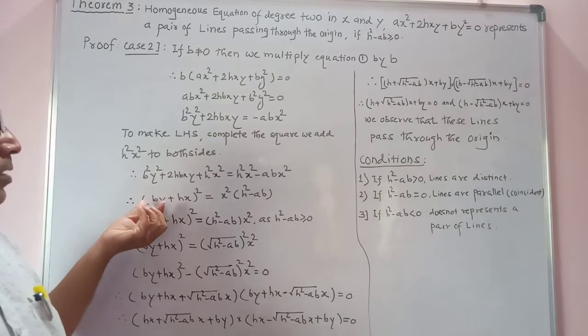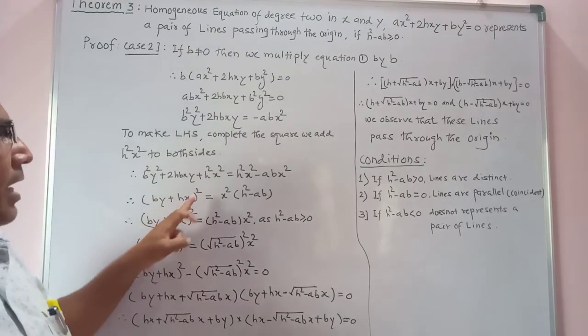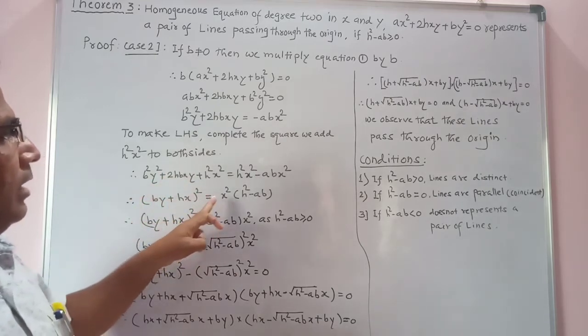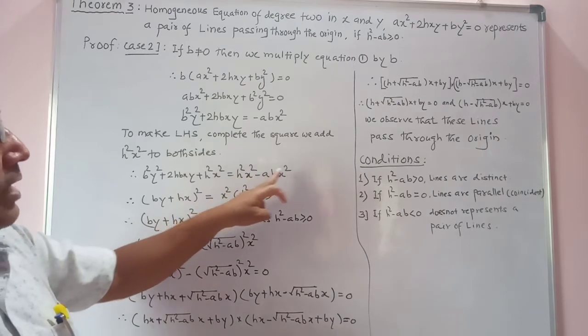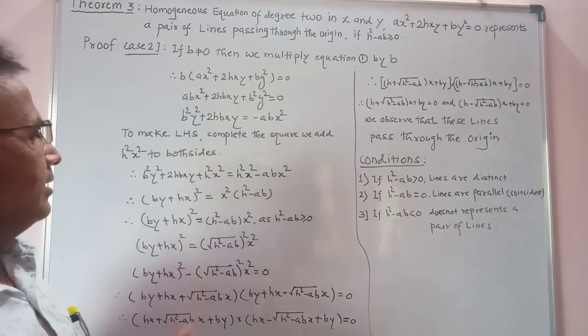The square of this term is (by plus hx) whole square, equal to x square common into (h square minus ab).